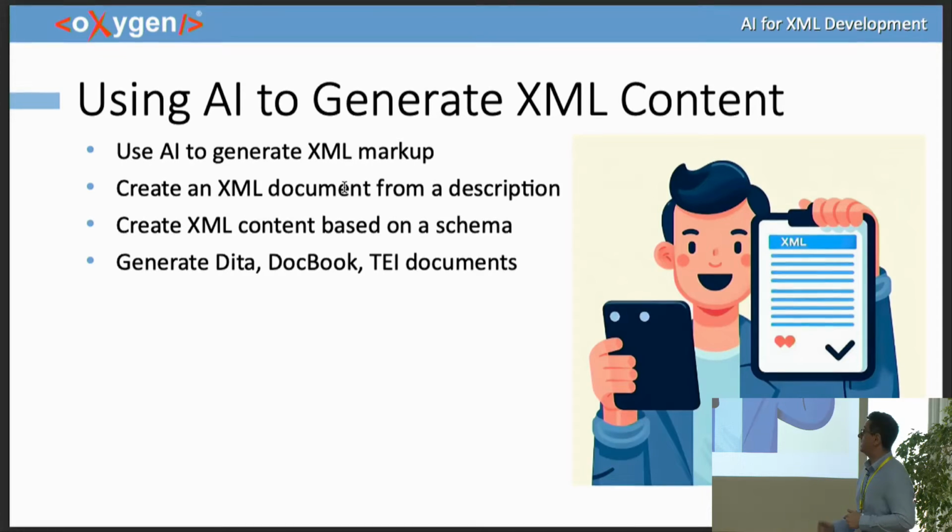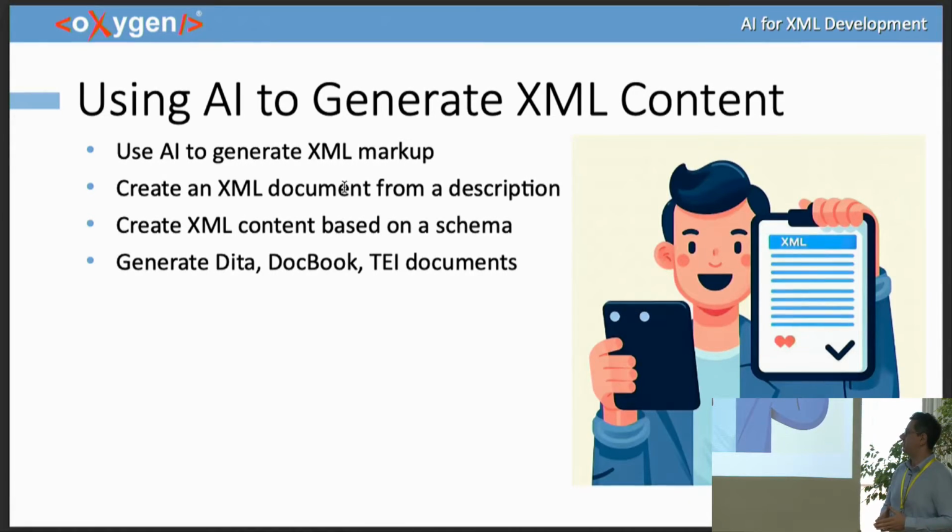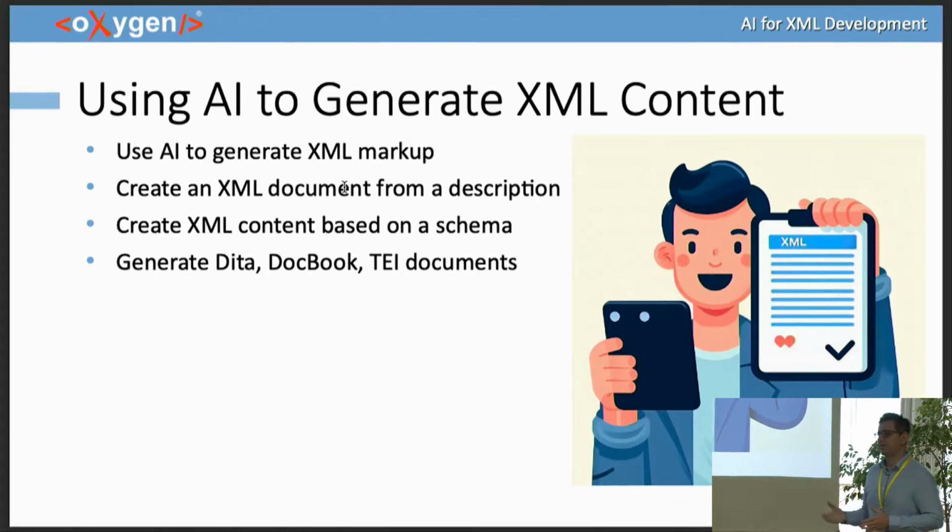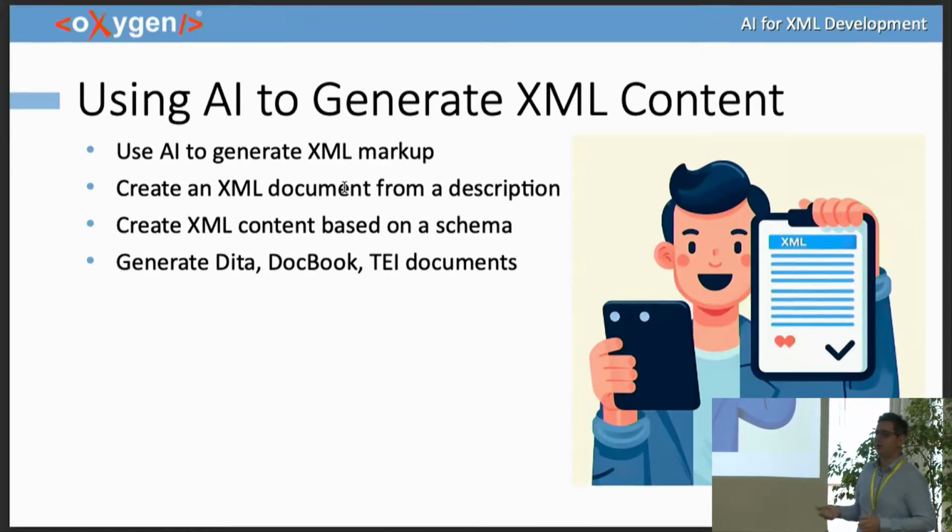So you can use AI to generate XML content, and you can create, for example, an XML document just from a description, but you can also use it to generate XML content based on a schema. You can provide the schema, and then the AI will understand the structure of the schema, and it will generate the XML content based on the structure that you give.